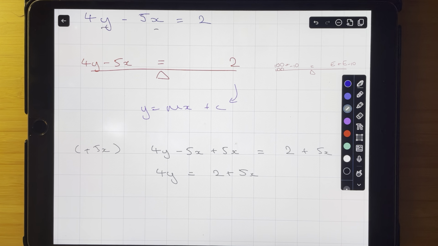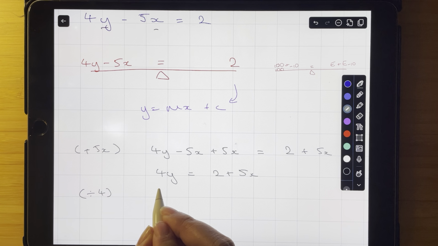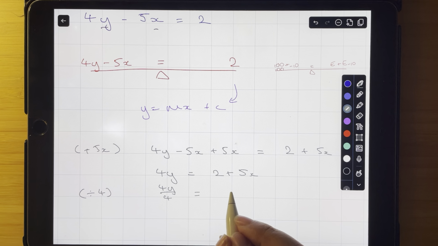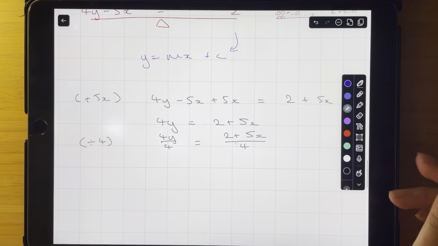Great. And so as I read this out, it was 4y. The last thing I did to it is the y is multiplied by 4. So in brackets again, I'll divide by 4, which gets me 4y over 4 equals 2 plus 5x over 4. Great.